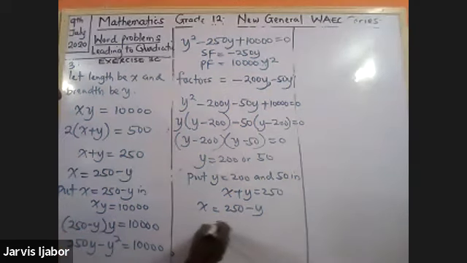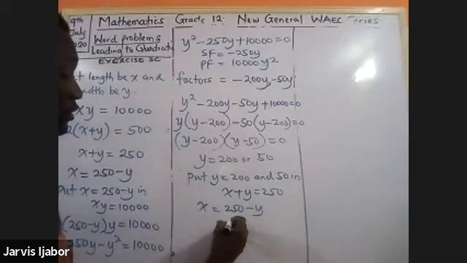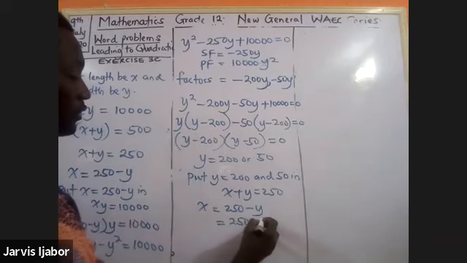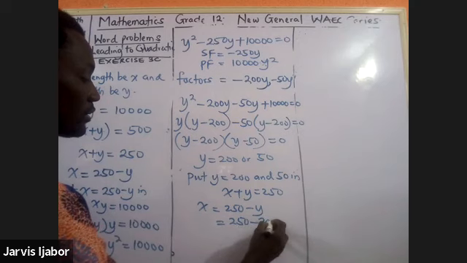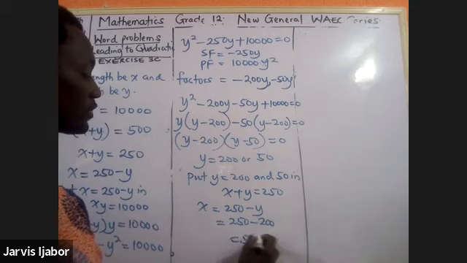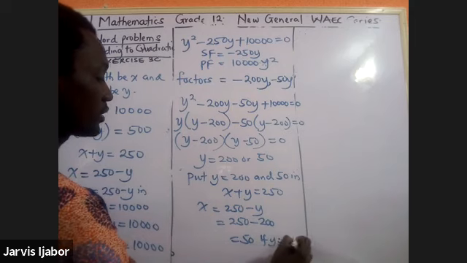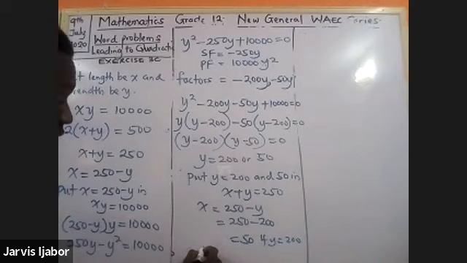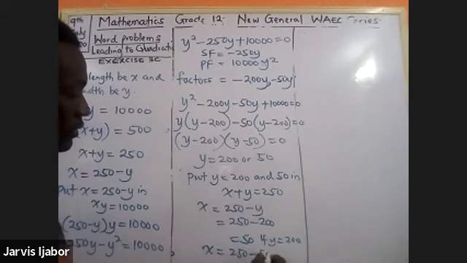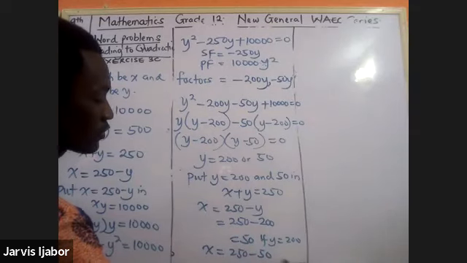So if y is equal to 200, that will give me 50. If y is equal to 50, x will be equal to 250 minus 50, and that will be 200.